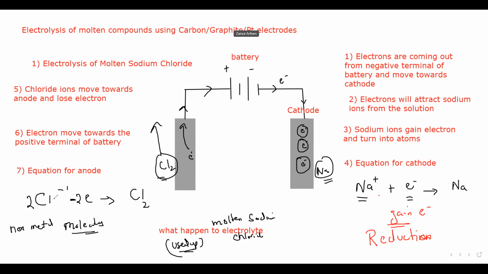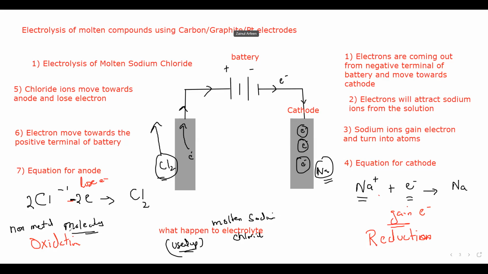And here chloride ion turns into chlorine molecule. Chloride ions turn into chlorine molecule by loss of electron. Negative sign means they lose electron. If something loses electron, we call that oxidation. So sometimes you have to identify an equation as oxidation or reduction.